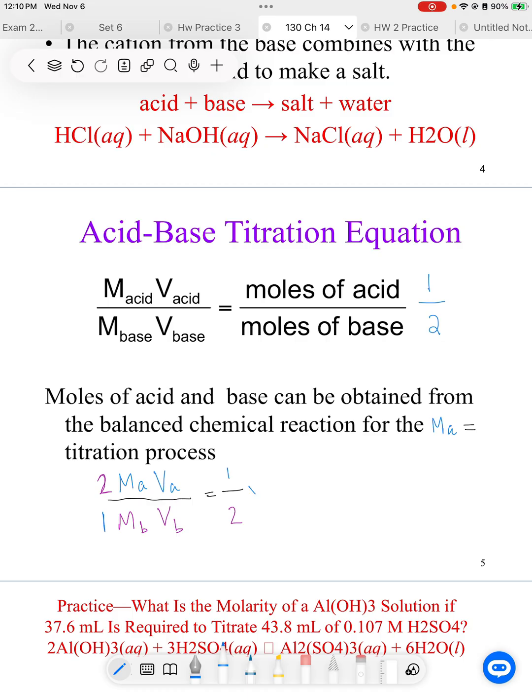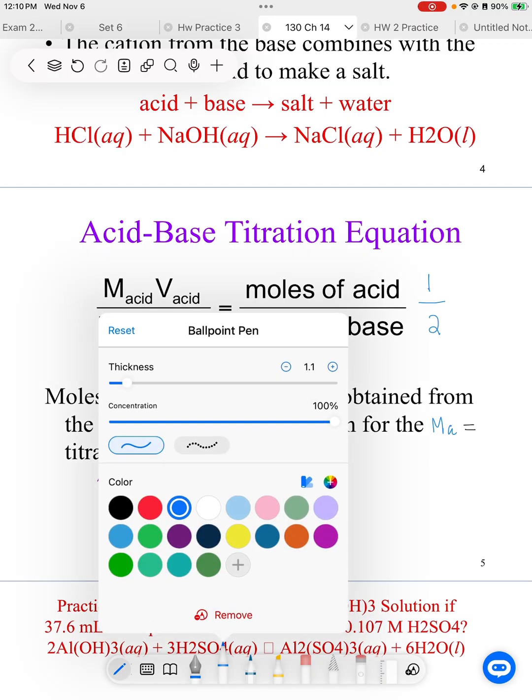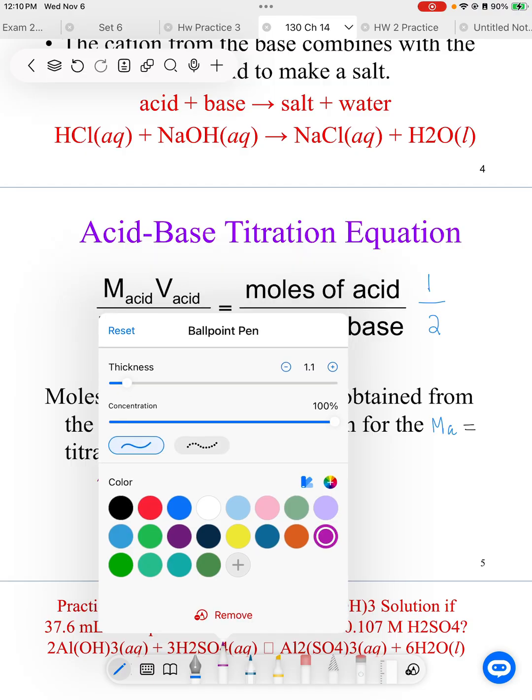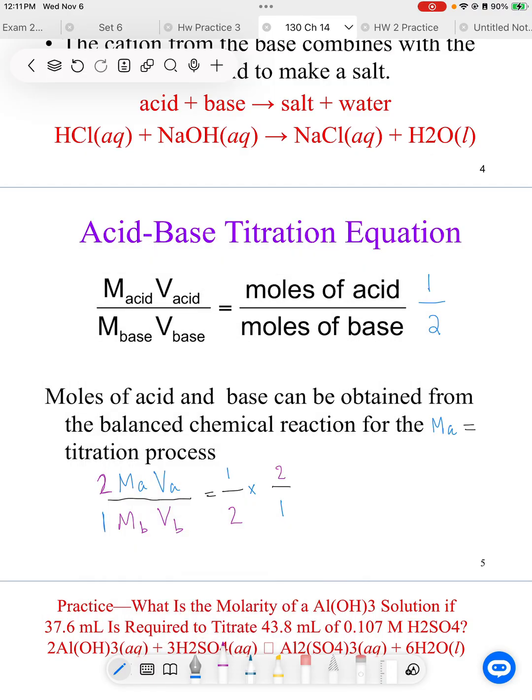Because whatever we do on this side, we have to do on the other side, right? So we need to multiply this by its reciprocal. And the 2's cross out and the 1 crosses out. And what we're left with is 1. This leaves us with 1 on this side of the equal sign, okay?